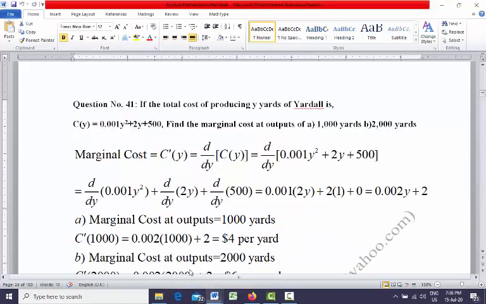Right. So here the question is asking us to find the marginal cost of production. First of all, we need to develop a function.